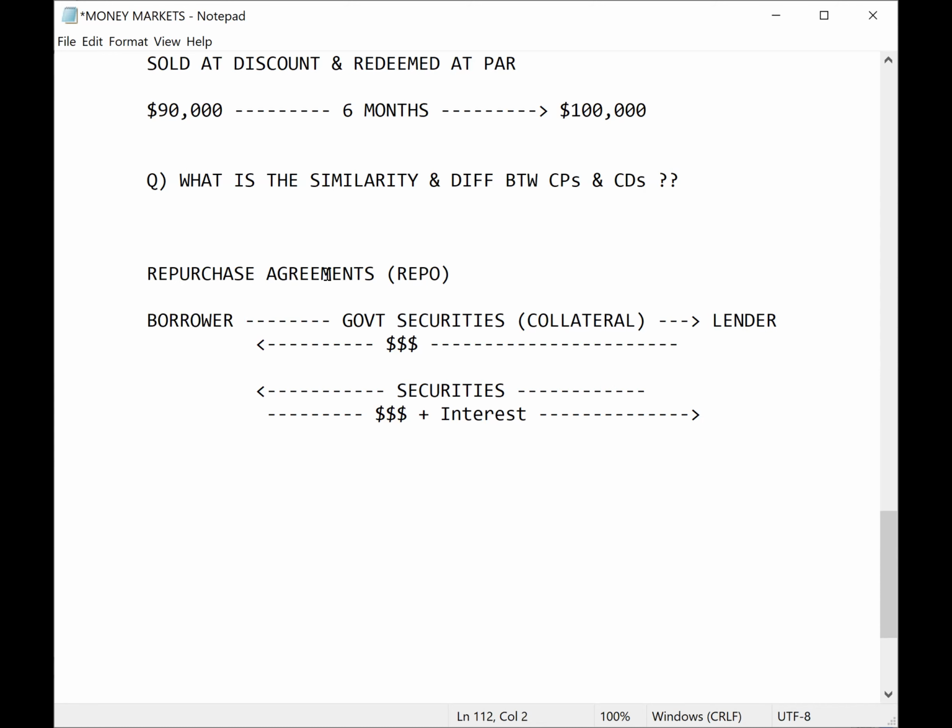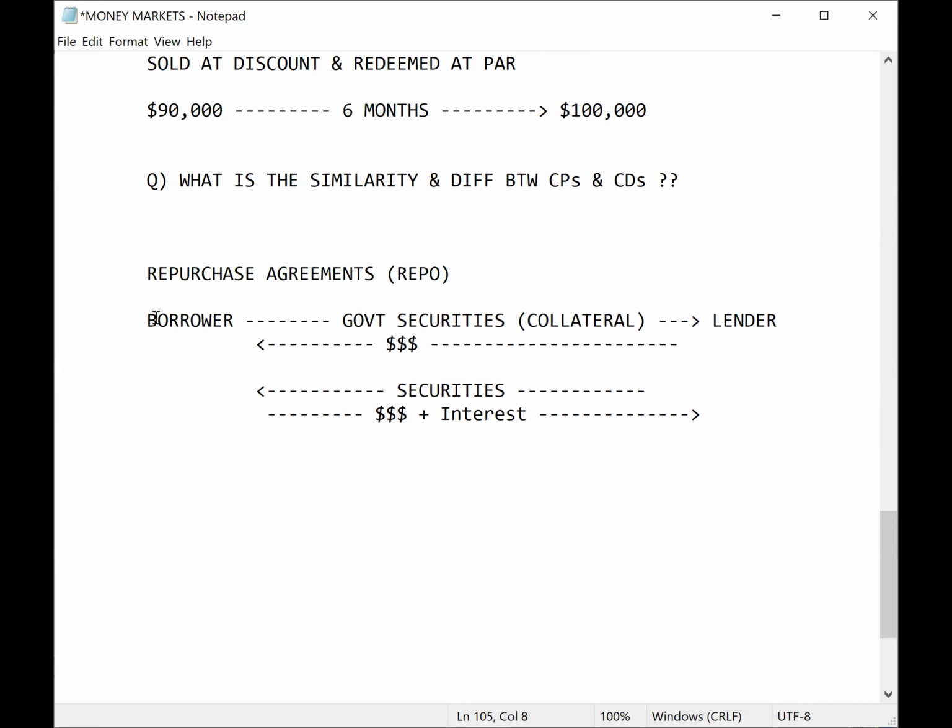Okay, so the repo agreement would be popular here. Sir, so here the borrower can be an HNI also? No, the borrower would not be an HNI. Why would an HNI need to borrow? Sorry, guys, wrong. The borrower would be a bank, let's say.